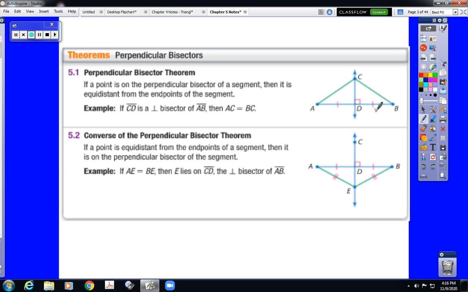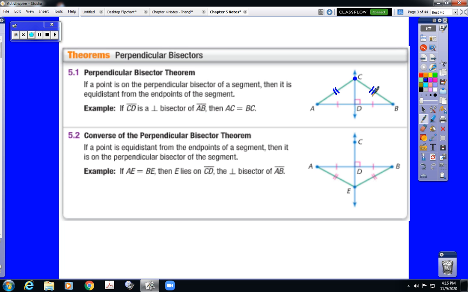CD is bisecting. What that tells us is that every single point on CD, every point on this line, has a property. So point C is one of those points. C is the same distance from A as it is from B, meaning that AC and BC are equal or congruent. As it turns out, the converse of that statement is also true, leading to the converse being presented below.